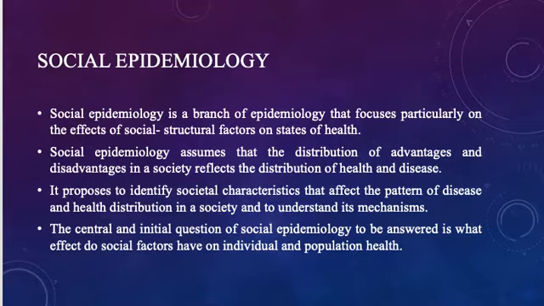So we can say that social epidemiology tries to identify the characteristics of the society that affect the pattern of disease and health distribution in a society, and it tries to understand its mechanism, how it functions and how it runs in a particular society.